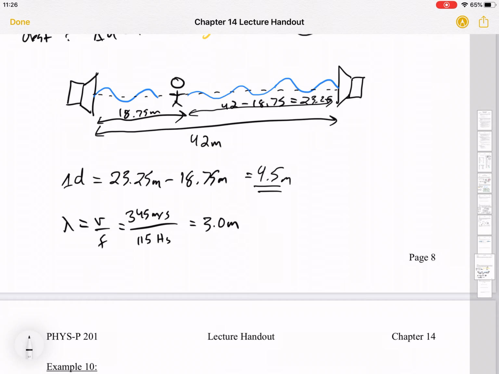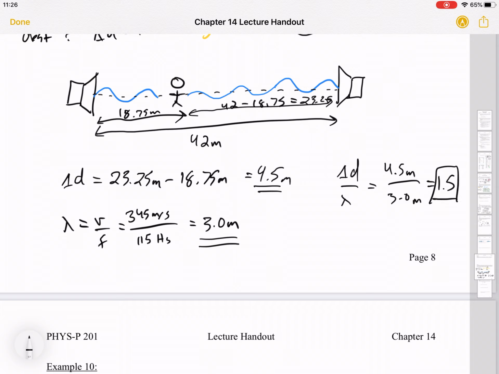And again, it's easy to look at that and say, oh, 3.0, that's an integer, so then it must be constructive. No. What we need is the ratio of delta D and lambda, right? Delta D divided by lambda is 4.5 divided by 3, which is 1.5.